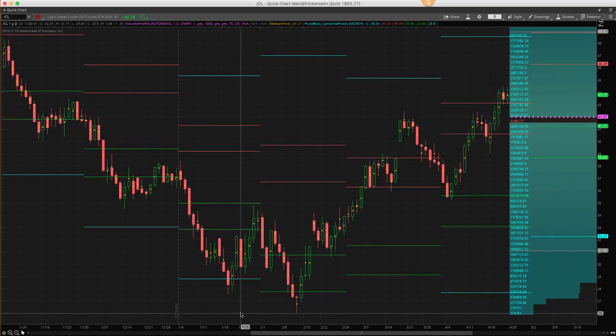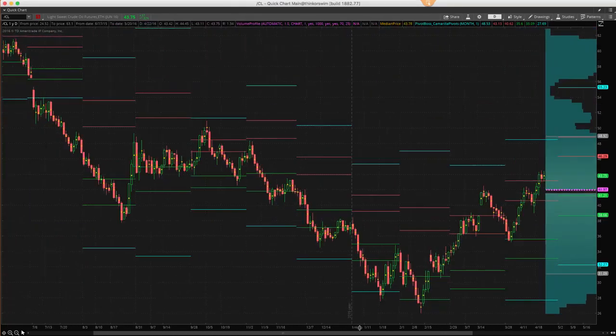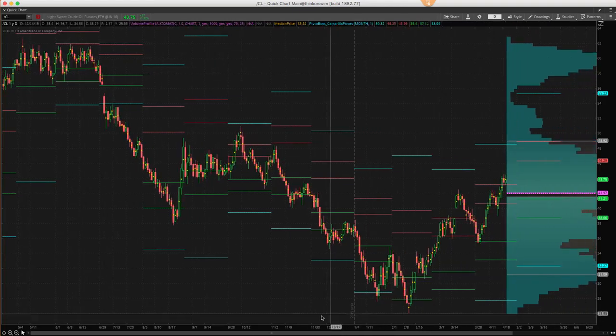So that's the idea behind Camarilla pivots. It's basically color-coded ideas here where once you see a trend develop, they provide really great areas to identify buy and sell opportunities.